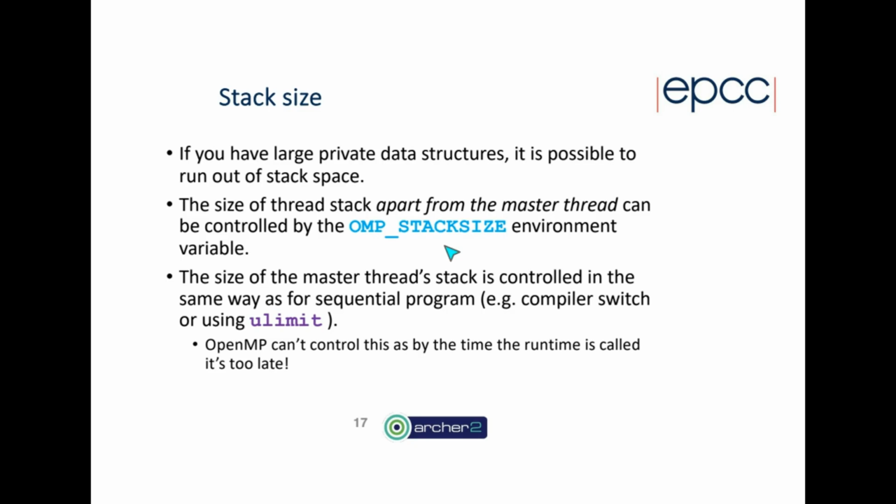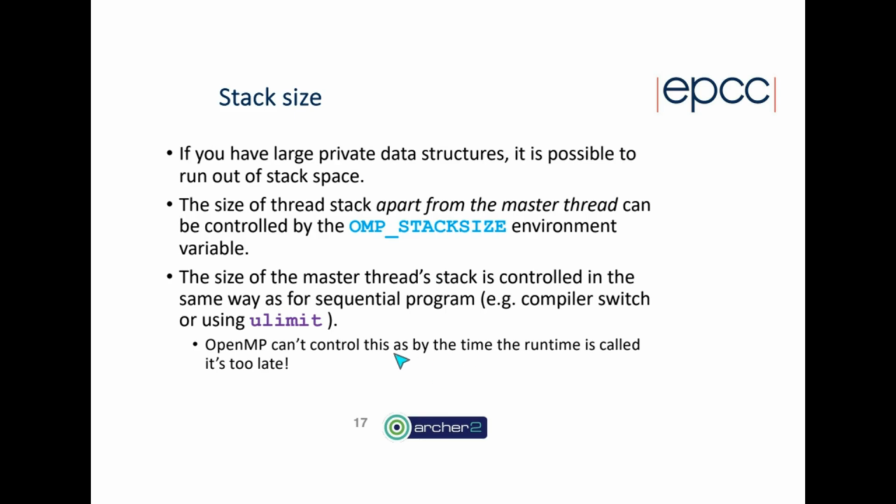But that doesn't affect the size of the master thread stack. That has to be controlled in the same way as you would for a sequential program. So that might be a compiler switch, or on Linux systems, you can use a ulimit command, for example, to increase the stack size for processes.